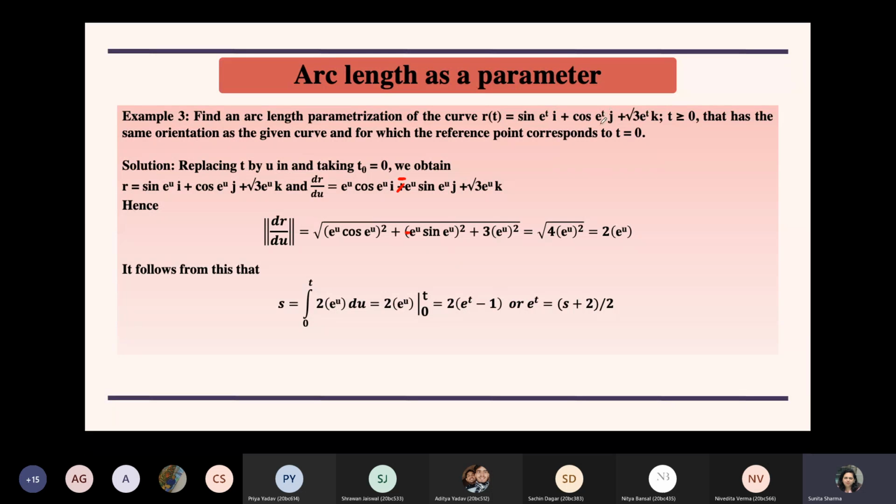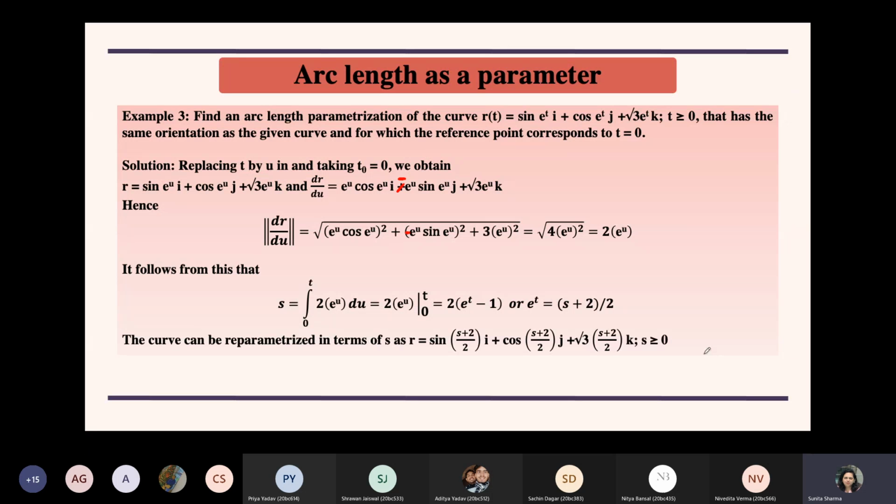So there is no need to get the direct value of t in terms of s. If you only have e^t, that is sufficient, because this is the only term in t occurring in the expression for r(t). So there is no requirement of finding the inverse. You can take this particular relation and substitute it here to get the arc length parameterization.